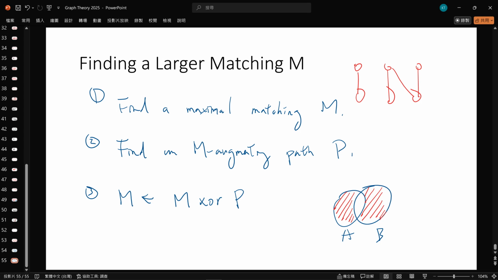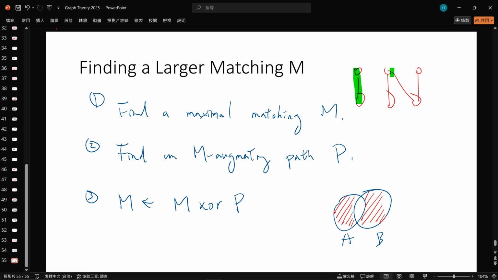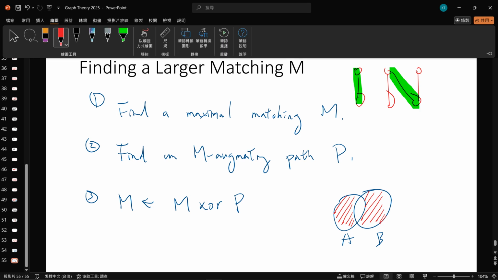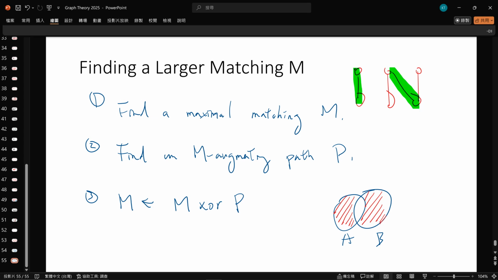So this is the input graph, and you have a maximal matching. This is the matching you have after step 1. It is maximal because you cannot add any more edges to the matching. Then we have to find an M augmenting path. Perhaps I'll make it longer.